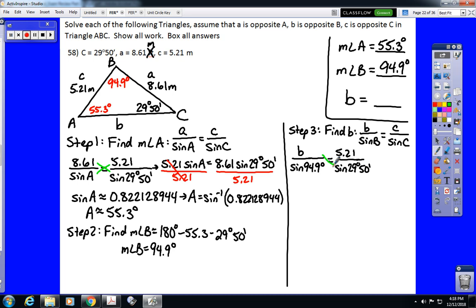Cross multiply gives us b times the sine of 29 degrees 50 minutes equals 5.21 times the sine of 94.9 degrees. We just need to divide each side by the sine of 29 degrees 50 minutes and feed it to the calculator.